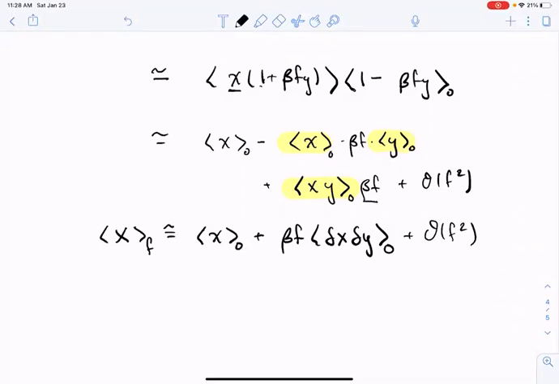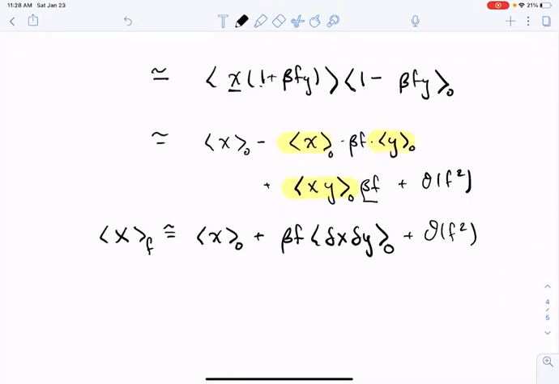So what have we just found? We found that even if we push in the y direction, we will in general expect the average value of x to change. And we now know exactly the conditions under which that will happen and what its strength will be. It is dependent on how well x and y are correlated statistically.